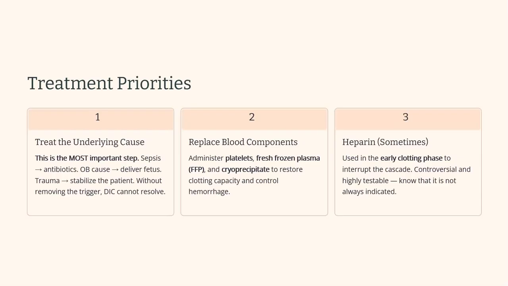Secondly, we want to replace blood components. We can administer platelets, fresh frozen plasma. We can also administer cryoprecipitate to restore clotting capacity and control hemorrhage. Cryoprecipitate is a blood product that has higher concentrations of certain clotting factors, including fibrinogen, more than fresh frozen plasma.